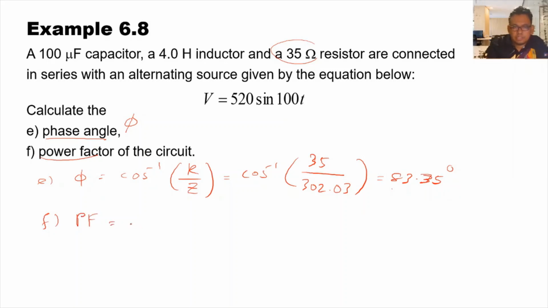Power factor is equal to cos of the phase angle, and we just substitute the value, 83.35 degrees, and we have 0.1. The power factor has no unit.